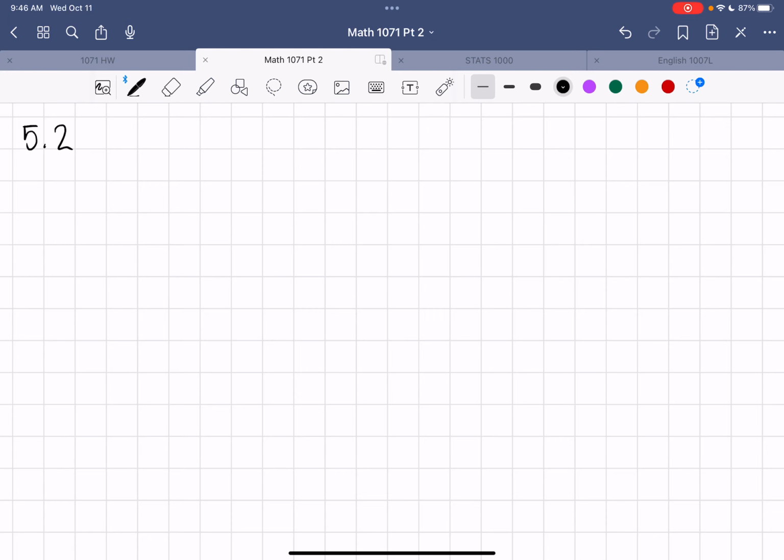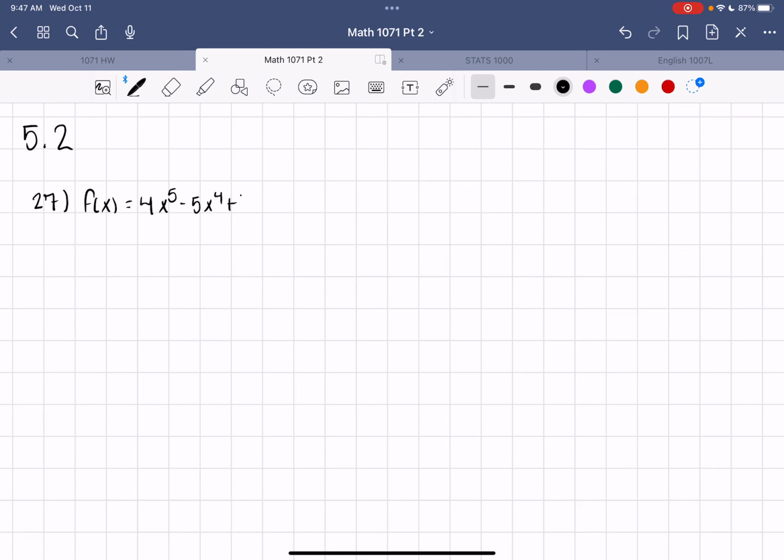I don't think I'm going to finish problem 27, but let's set it up. So here we have f of x is equal to 4x to the fifth minus 5x to the fourth plus 1.